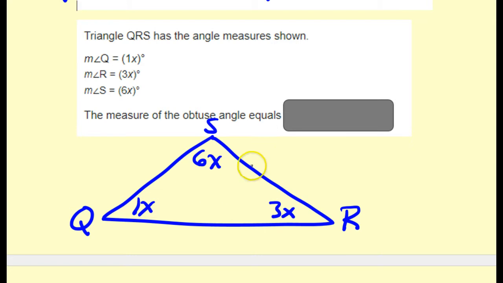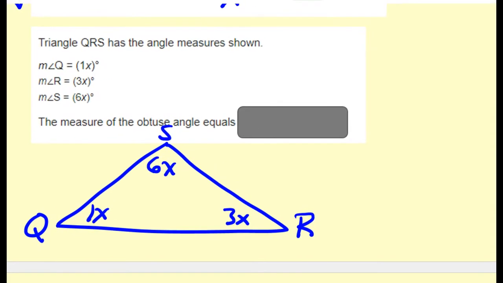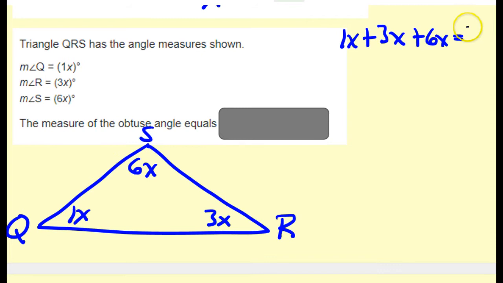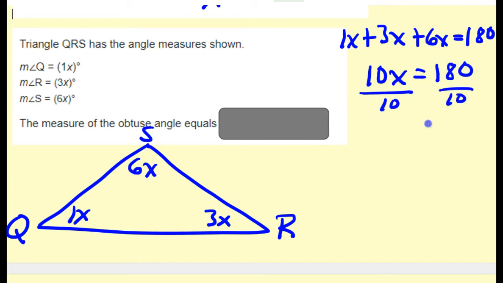Well, the sum of the angles in a triangle is always going to be 180. So let's use that to write an equation. So 1x plus 3x plus 6x has to equal 180. Okay, so that's going to be 10x is equal to 180. Dividing both sides by 10, x is equal to 18.